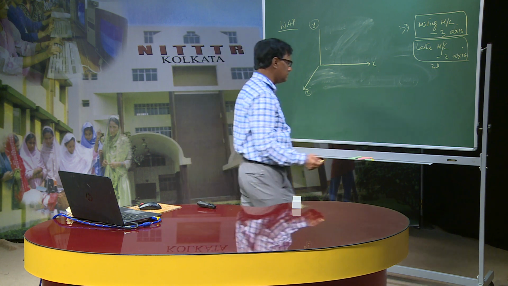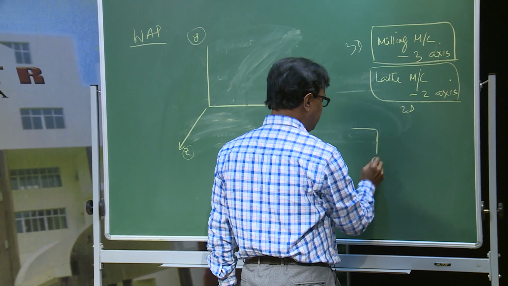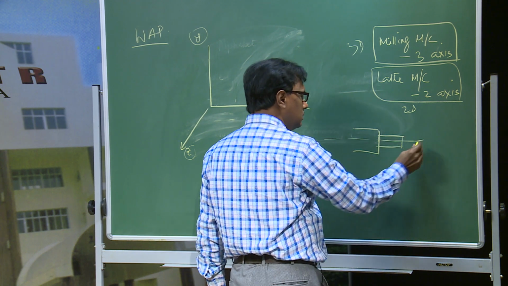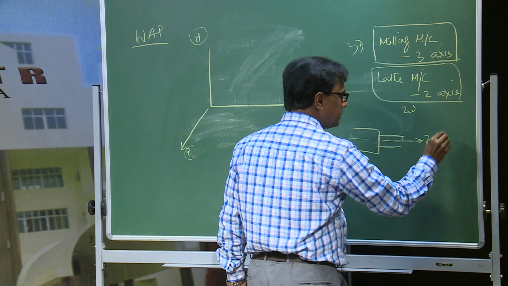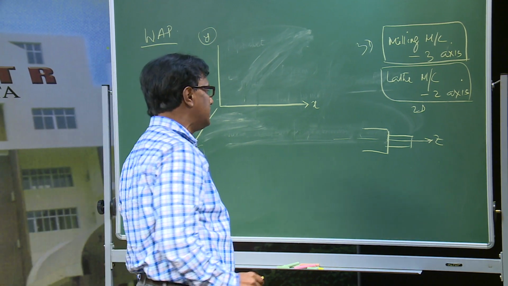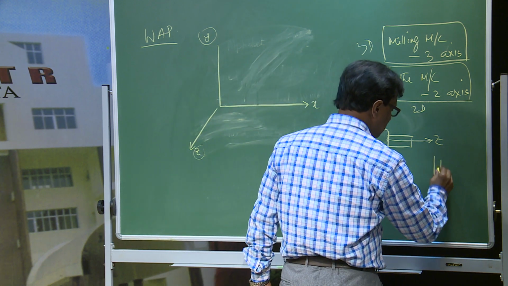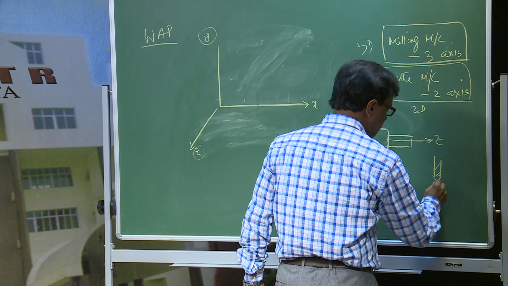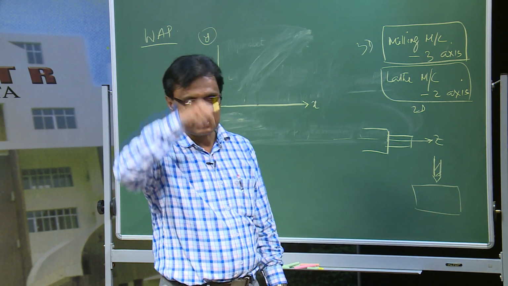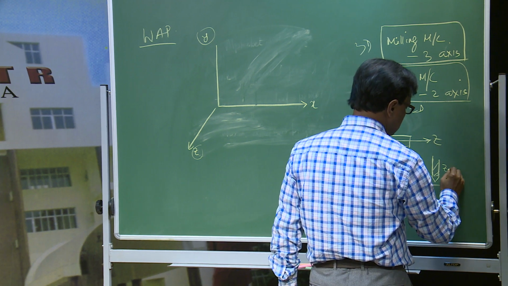So, if it is a lathe operation, it is the z axis. And if it is a milling machine, the milling cutter remains like this and your job is this. So, the cutter axis is the z axis in case of a milling machine.